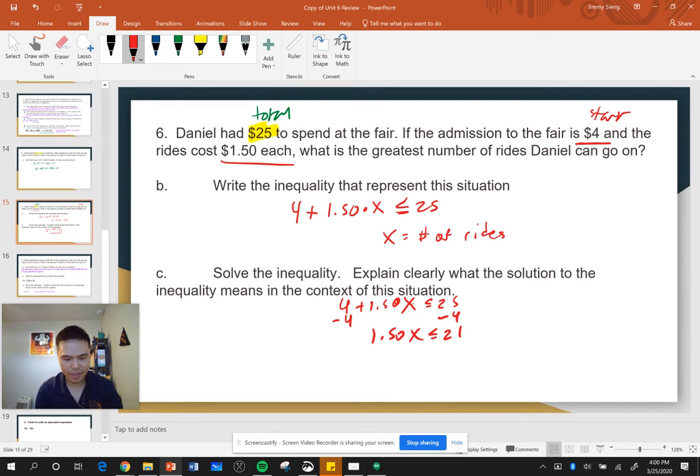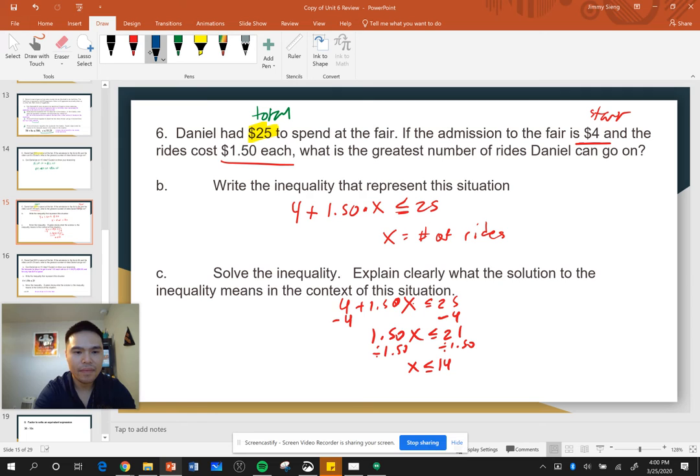Throw that into a calculator. I divide by 1.50. My x is less than or equal to 14, okay? So the context of this is Daniel can only ride up to 14 rides or less.